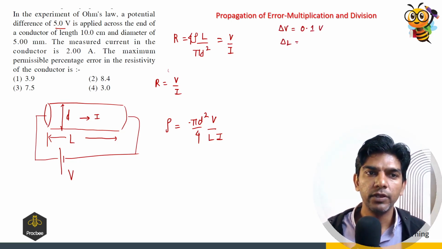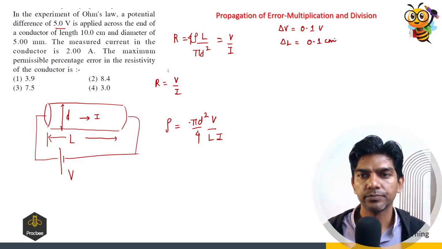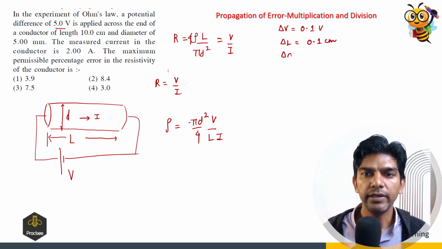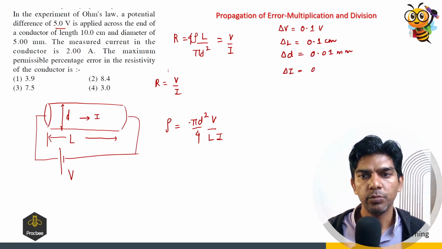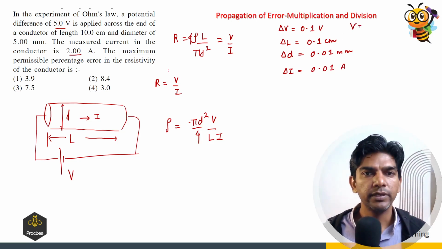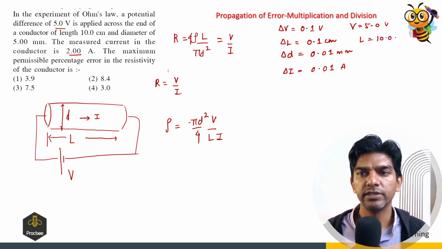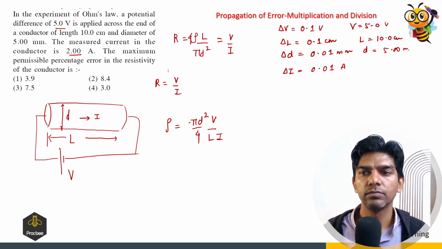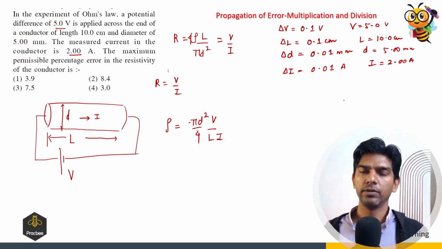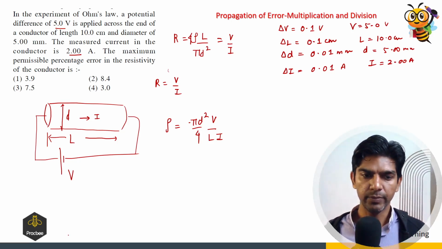Similarly, delta L will be 0.1 centimeter and delta D is 0.01 millimeter and delta I is 0.01 ampere. Clear now? V is given as 5.0 volt, L is given as 10.0 centimeter and D is given as 5.00 millimeter and I is given as 2.00 ampere. Now we have to use this data where pi by 4 is constant.